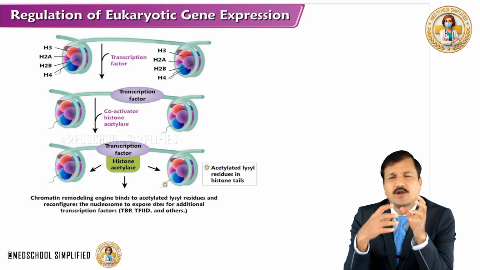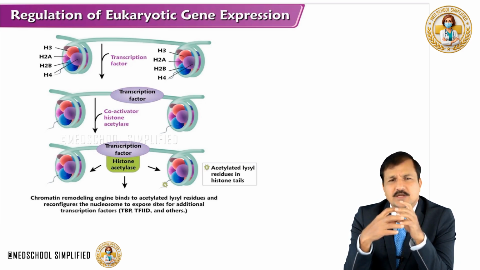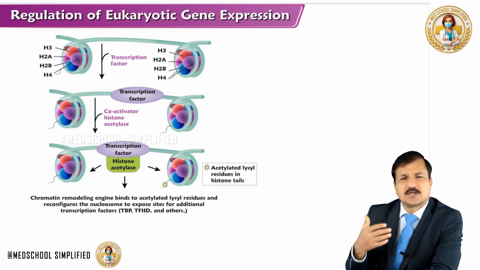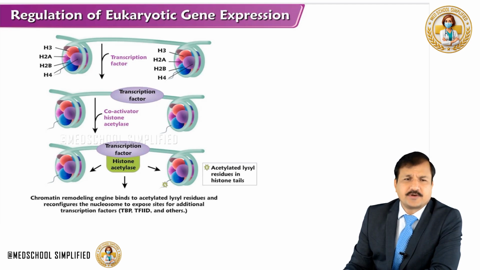These are required for gene expression. The important aspect of this chromatin remodeling involves transcription factors that bind to the DNA and recruit other co-activators such as histone acetylase, as shown here in the figure.